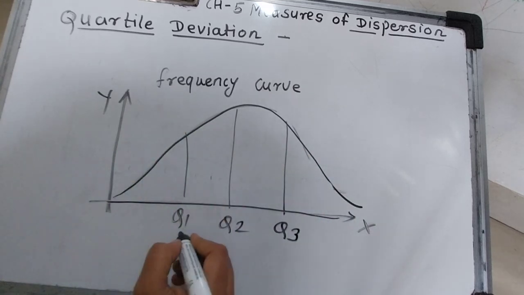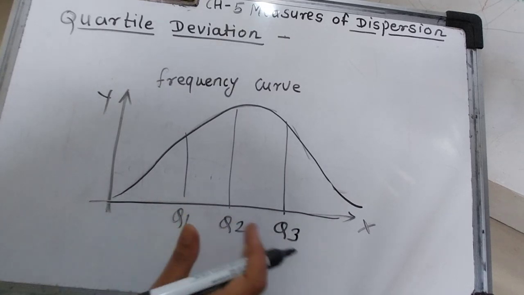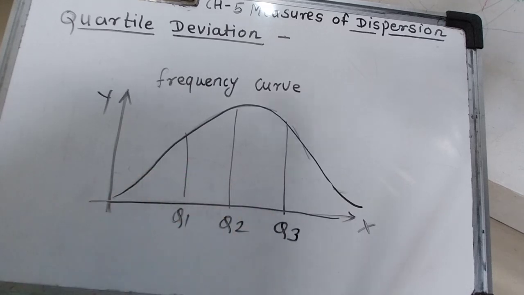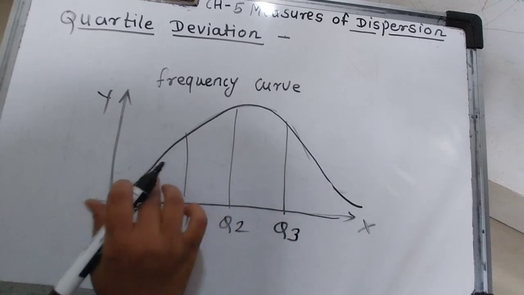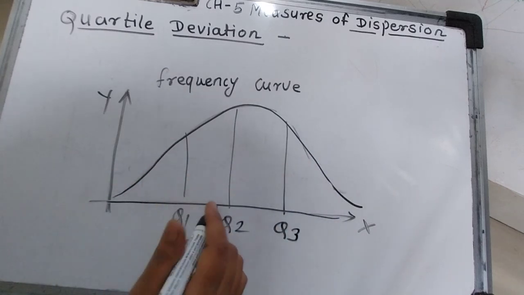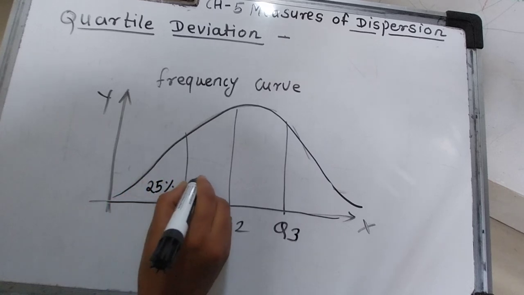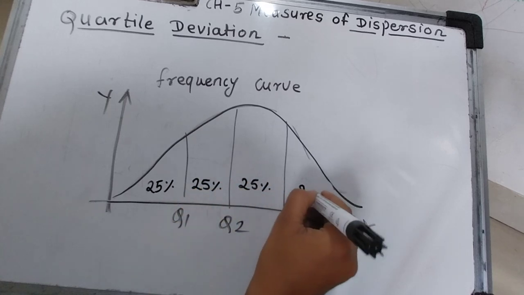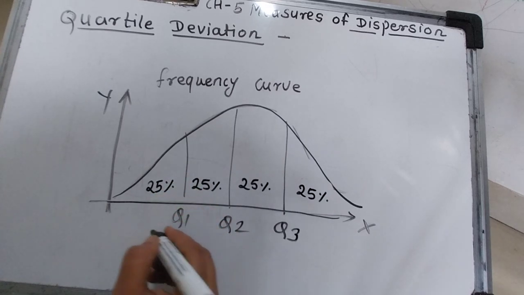I put Q1, Q2, Q3, which divide the data into four equal parts: 1, 2, 3, 4. Ultimately this is 25%, this is 25%, 25%, and this is 25%. Understood? So these are quartiles.